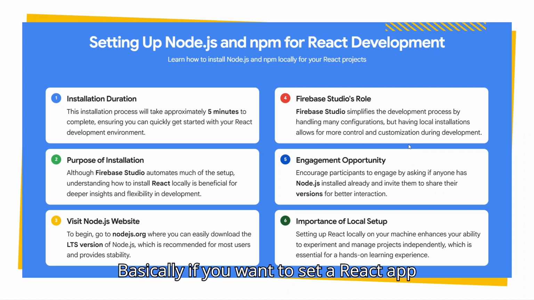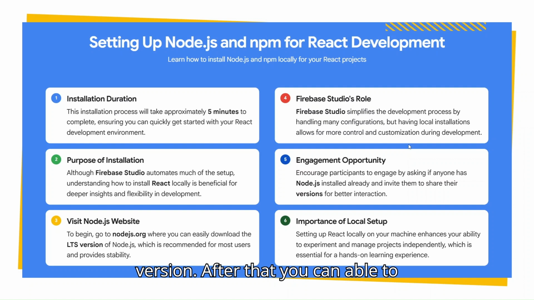Basically, if you want to set up a React app, you must install Node.js from nodejs.org. From that website, you just need to install the Node.js application and click on next, and then Node.js will be installed. After installing it, check the node version with node -v, and you will get the node version.